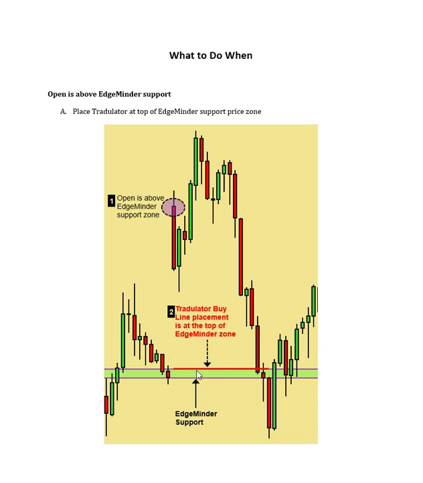And so you would simply have your Tradulator strategy open and be able to just then go to click buy line and then place the buy line, click again, left click on the chart, and that will place the buy line wherever you click.